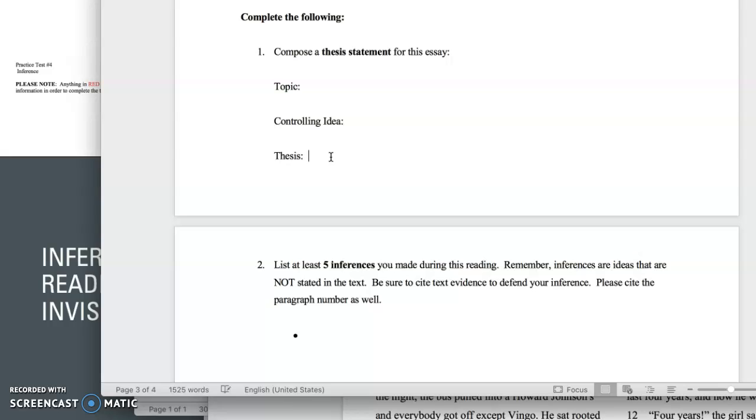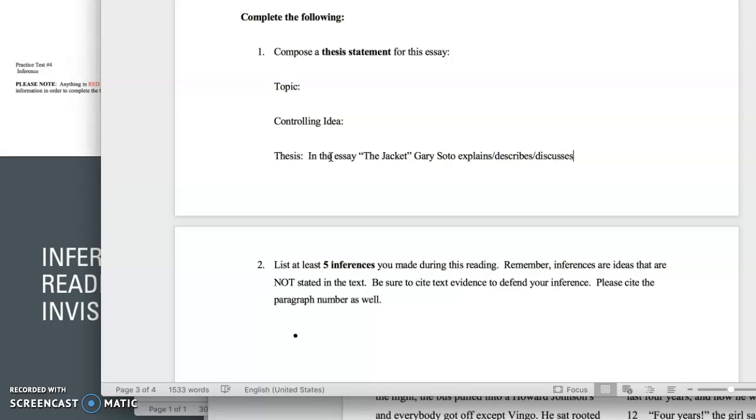And just a little reminder is that you should always be citing the author and the text. So you should be saying something like, in the essay The Jacket by Gary Soto, explains, or describes, or discusses.